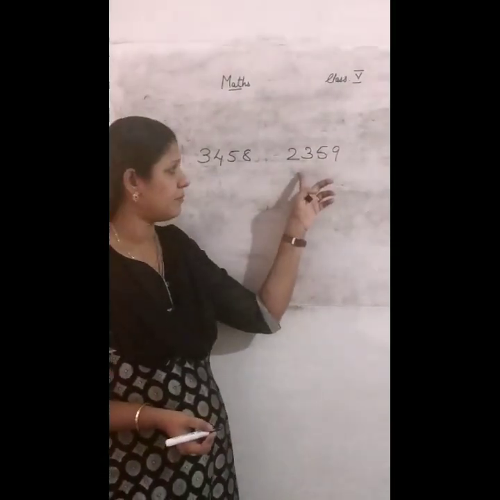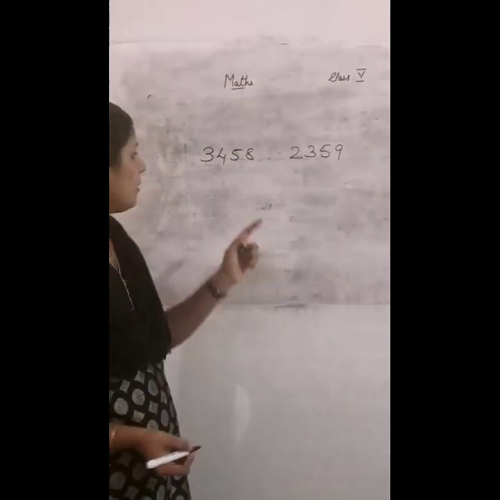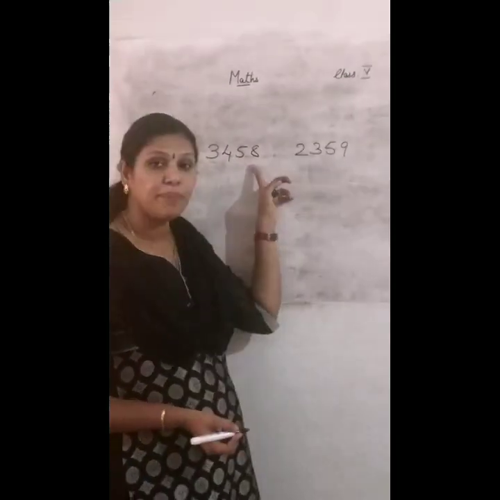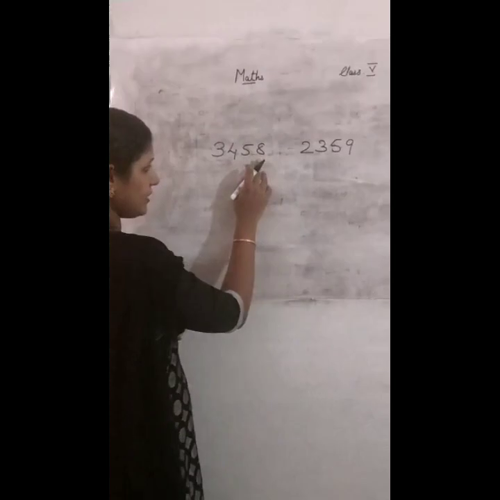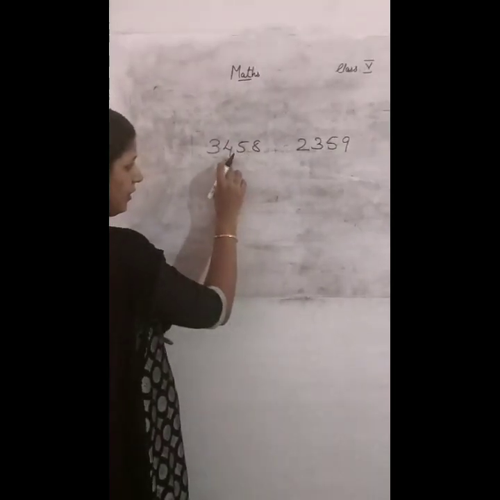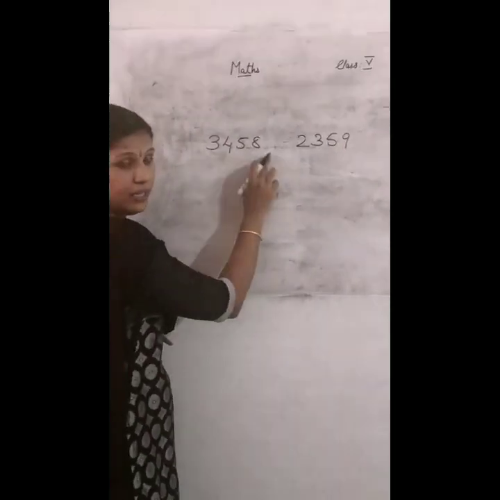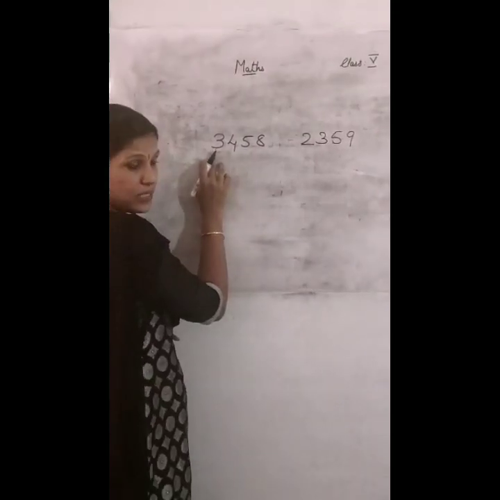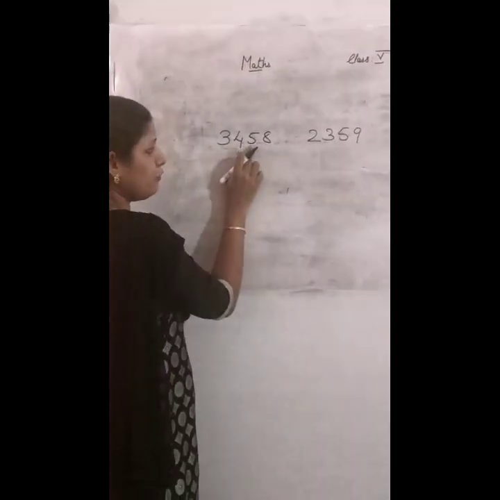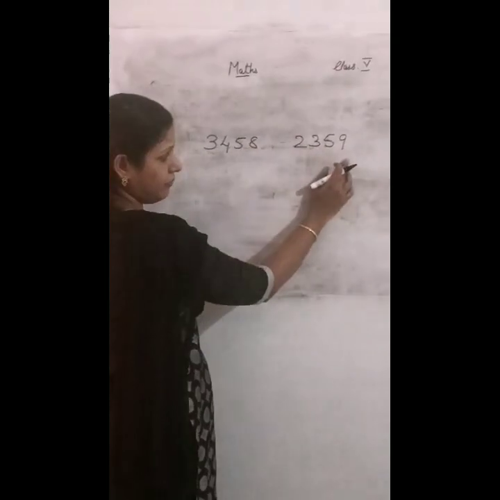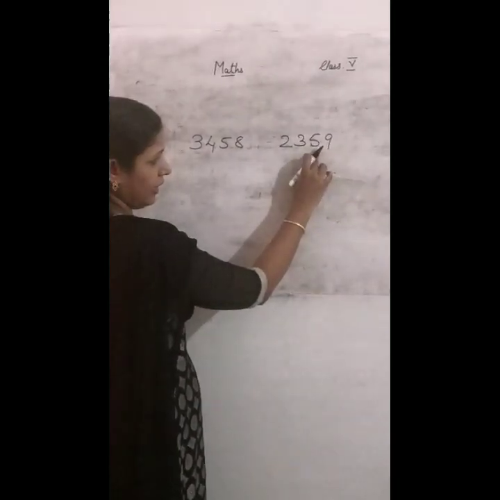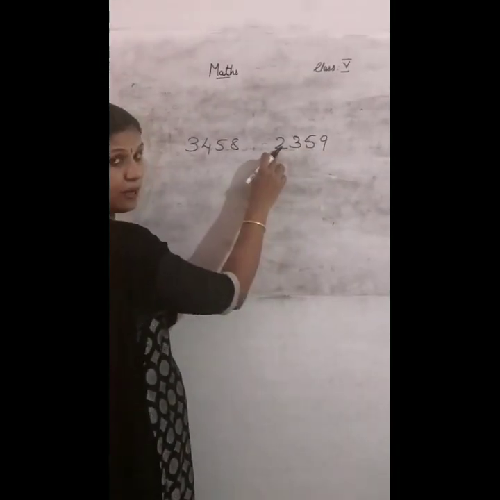For comparing this number, first we count the place values. Here the place values are ones, tens, hundreds and thousands. So we read this number as 3458.